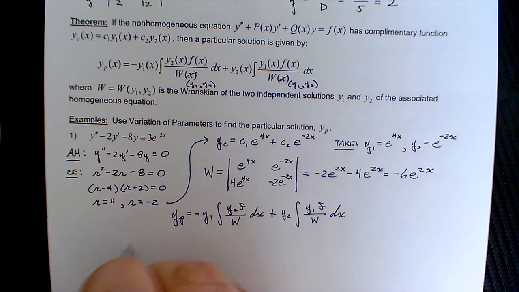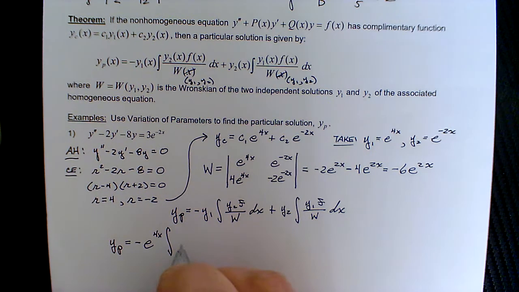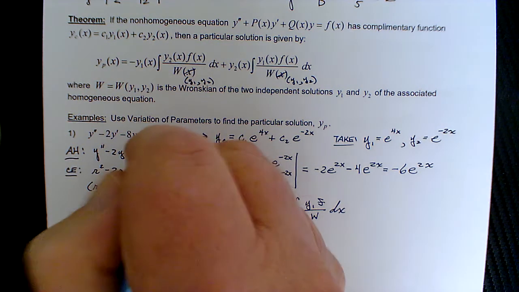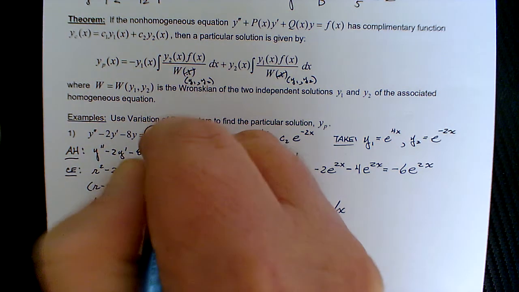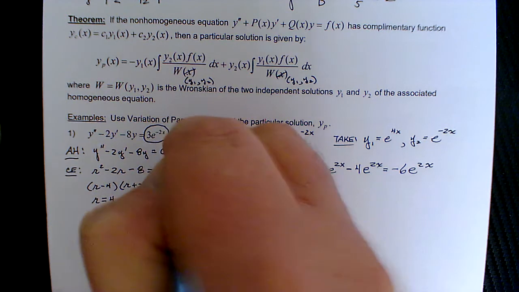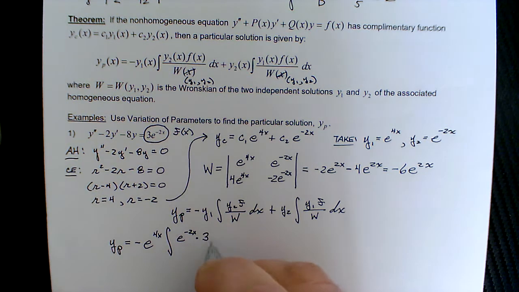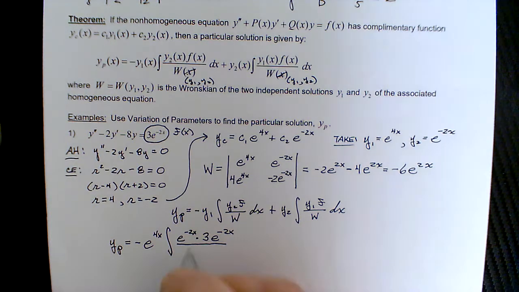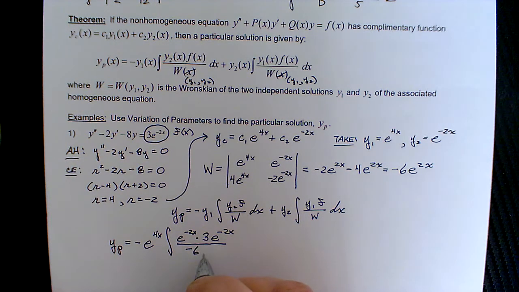And basically it's just a matter of plugging in. So y sub p would be minus y1, so that's minus e to the 4x, integral y2, e to the negative 2x, times our function. Okay, this is our function right here. What's making it non-homogeneous is 3e to the negative 2x all over the Wronskian, which we found to be negative 6e to the positive 2x.